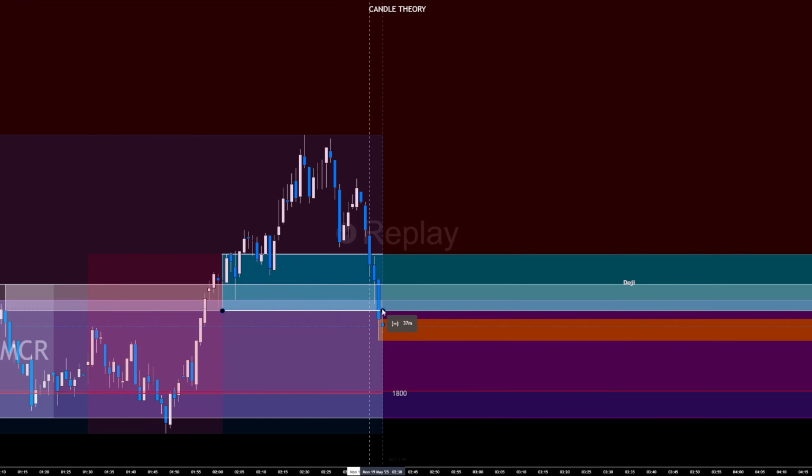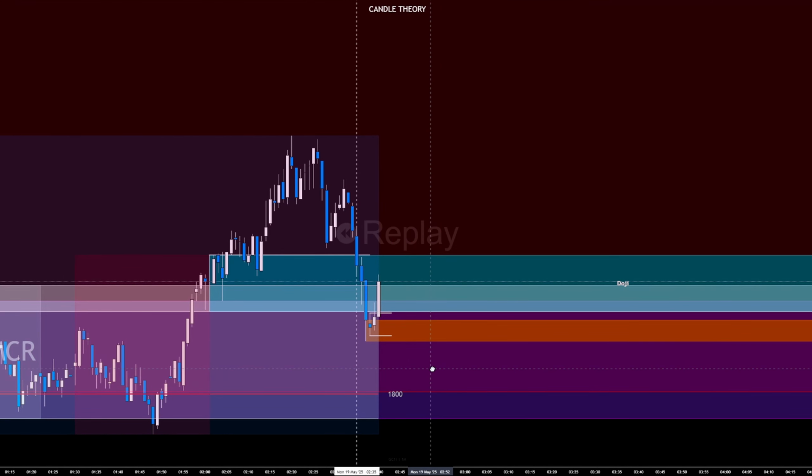Let's see if we get some candle closures to go bullish, or do we still continue lower from here? Within 3 candles of this first candle that failed to go lower, we have a candle count. You can go in for buys.